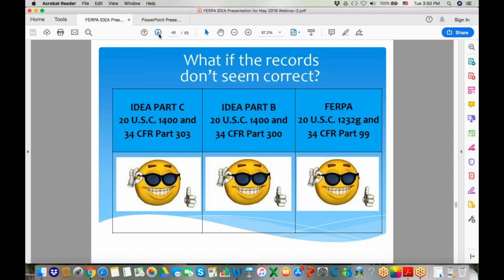What if the records don't seem correct? All three programs and regulations include provisions that are the same and have similar process protections in place for parents. Next slide, please.